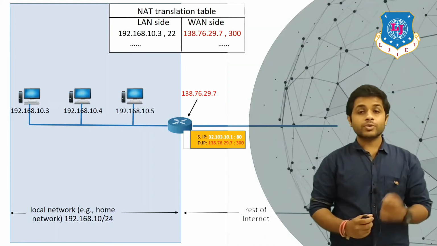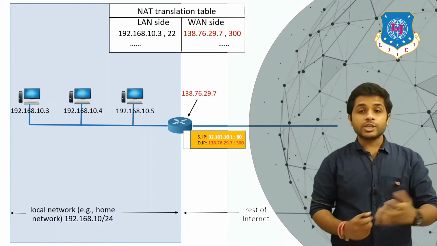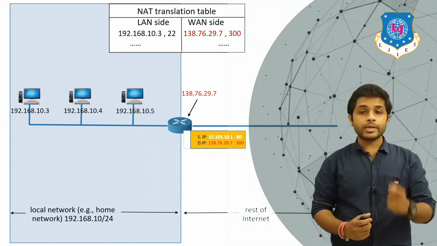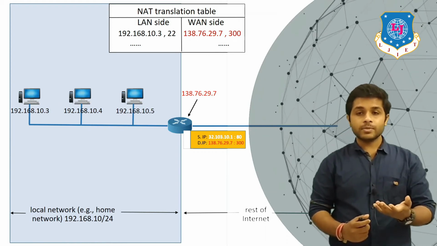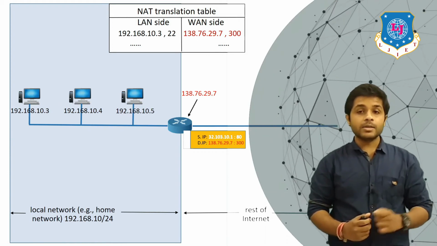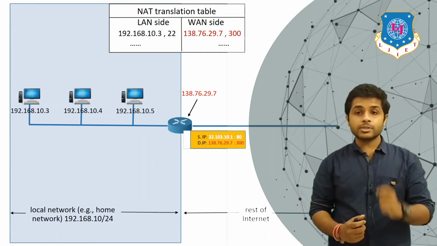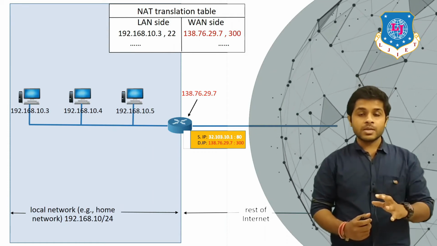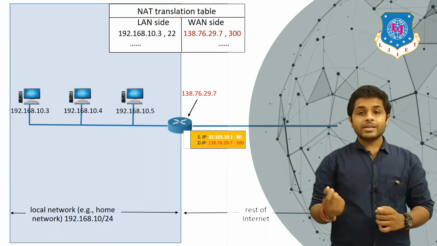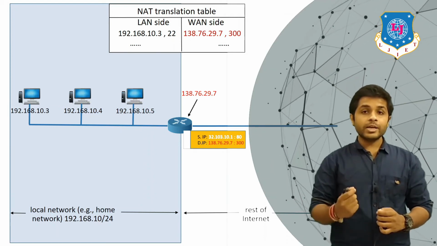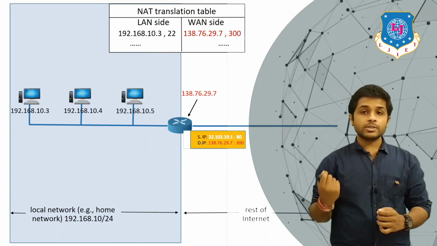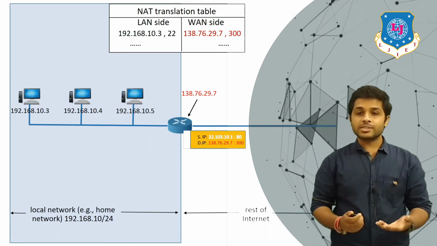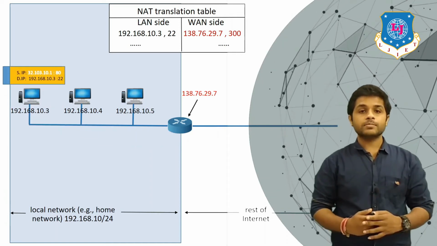The message received from the destination has source IP 32.103.10.1 and port address 80, and the destination IP is 138.76.29.7, port 300. This is the IP of the router. Now the router knows that it converted the IP address from 192.168.10.3 to 138.76.29.7, so it will change the message and the message will be delivered to the device.